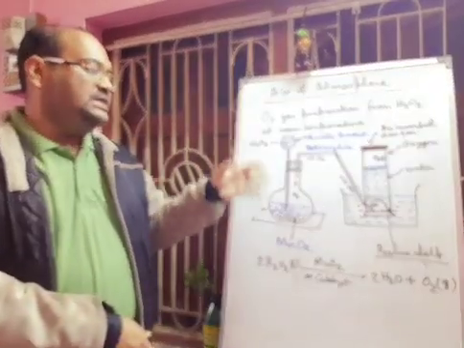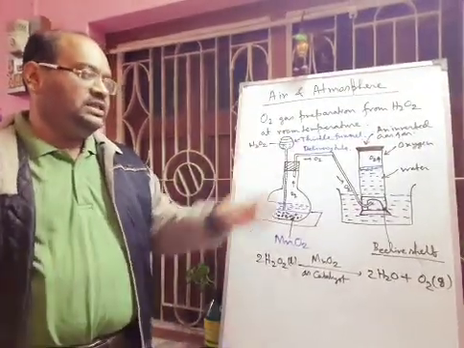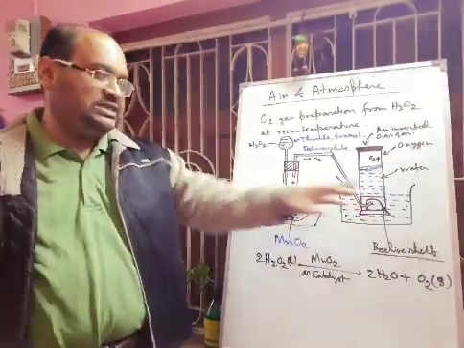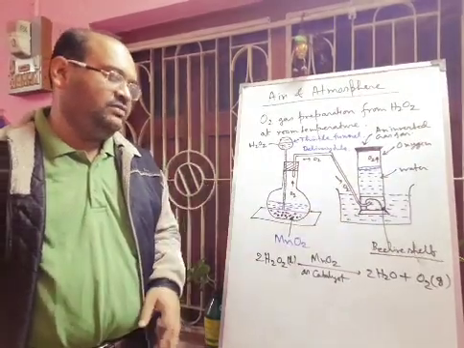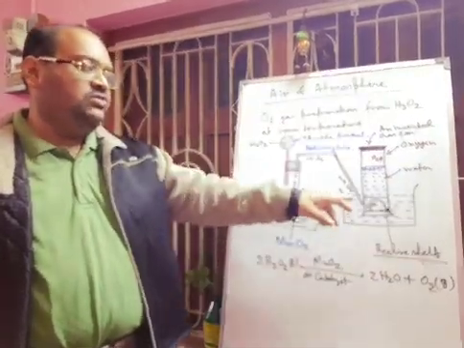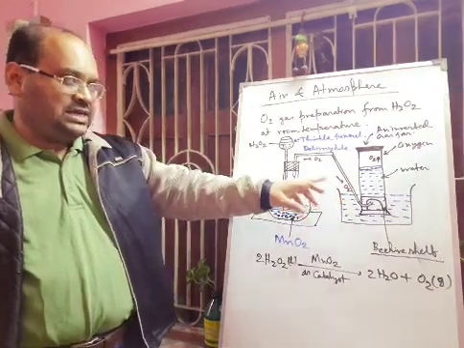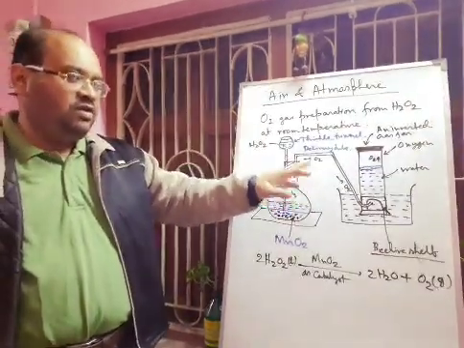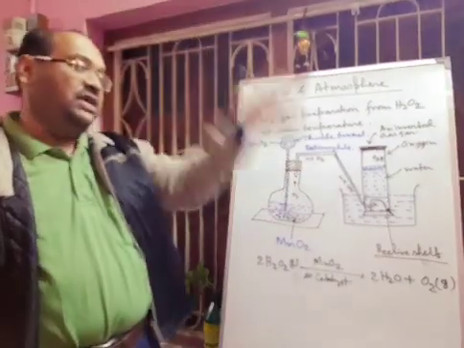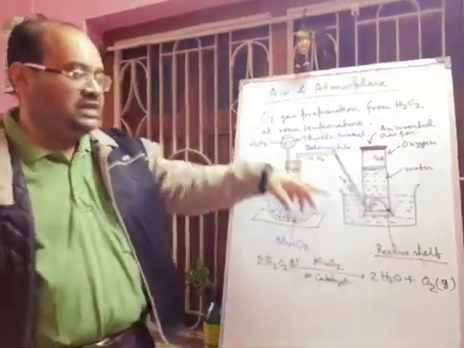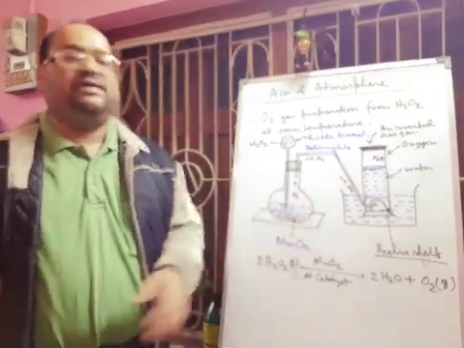Then we are adding this thistle funnel and this delivery tube, and this delivery tube enters into a beehive shelf, where water is taken in a container that is called a trough. There we also take one gas jar full of water, and it is inverted above this beehive shelf. This delivery tube enters inside the beehive shelf.